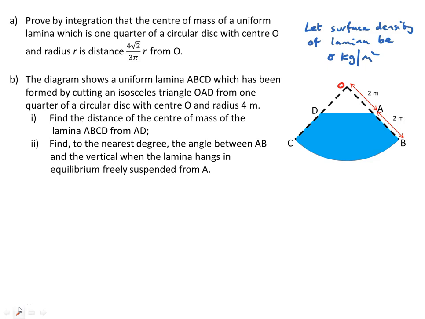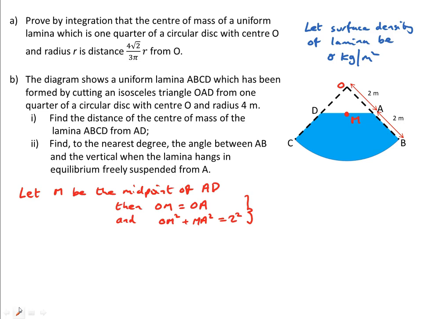If we look at the triangle OAD and introduce M as the midpoint of AD, we know that the triangle OMA is right-angled and that it has a hypotenuse of 2, and that each of the smaller angles in the triangle is 45 degrees. So we've got an isosceles right-angled triangle OMA.